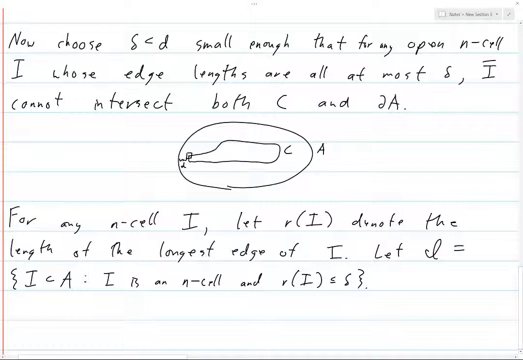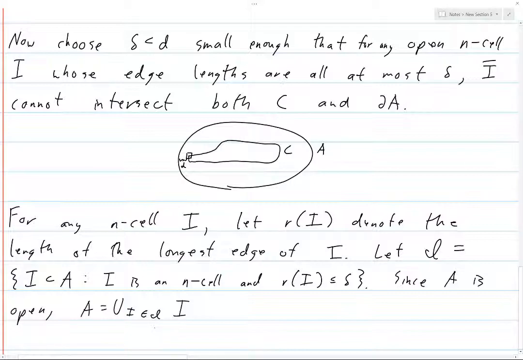Now, since A is open, A can be written as the union of all n-cells contained in A. Furthermore, you can restrict all of these n-cells to be as small as you want, so you can put an upper bound on their size.